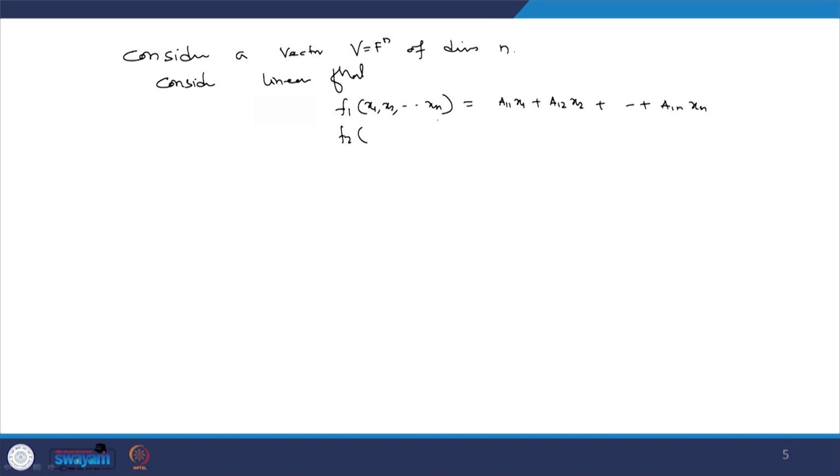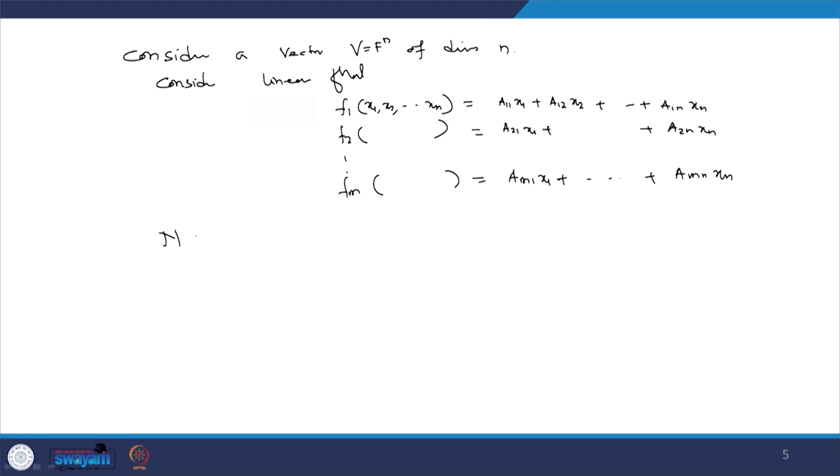Similarly, f2 another linear functional is defined as a21 x1 plus ... plus a2n xn, and fm is given by am1 x1 plus ... plus amn xn. So m linear functionals are given to us, defined over the vector space V.